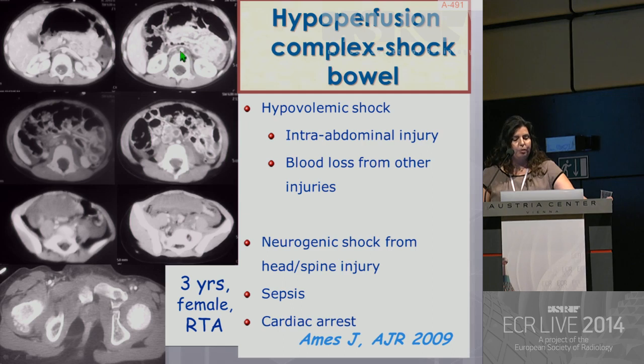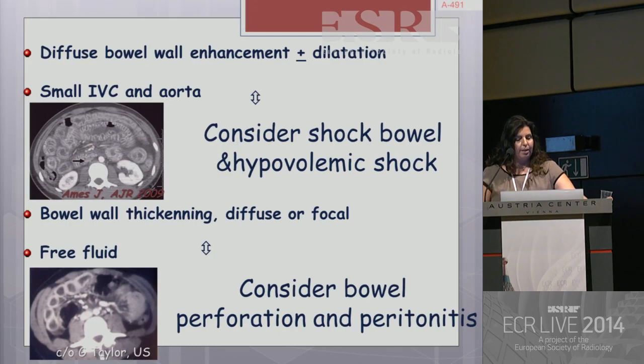Look at the major vessels. There's a small aorta, there's a slit-like IVC, the source of bleeding, a large extraperitoneal hematoma due to a pelvic fracture in the setting of abdominal trauma. We need to look for a source of injury and actively administer fluids.